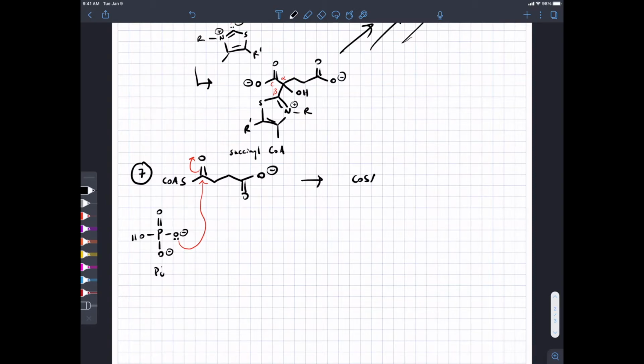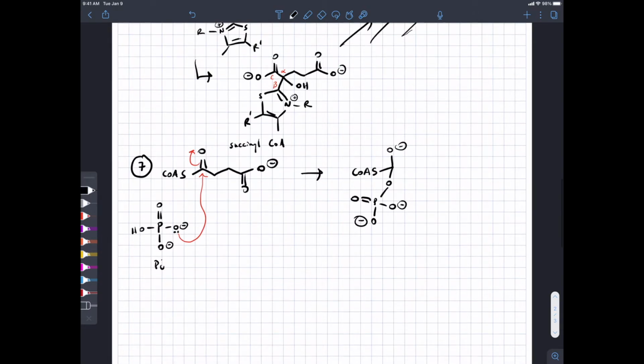Where you're going to get a tetrahedral intermediate, negatively charged oxygen, once that phosphate group gets attached, the pKa of the other OH group drops low enough that the proton falls off. So I'm just going to show that happening directly.